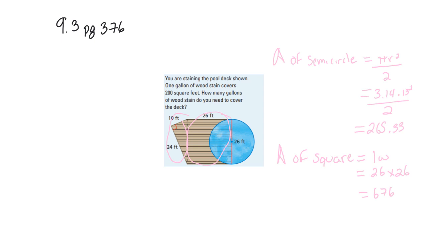So now if we want to figure out the area of this part in the middle here, we subtract the semicircle from the square because we don't need the semicircle part. That's part of the pool. So 676 minus 265.33 would give us 410.65. And we're going to need to add that to the area of the triangle.